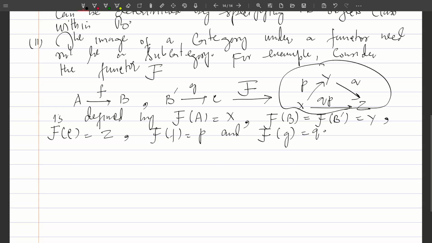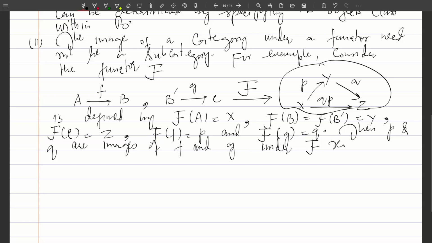So one can note here that p and q are images of f and g under F respectively, whereas pq is not.